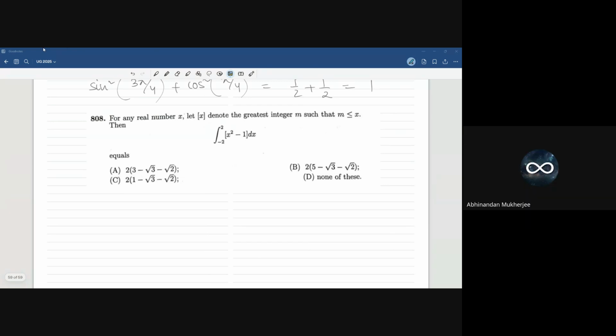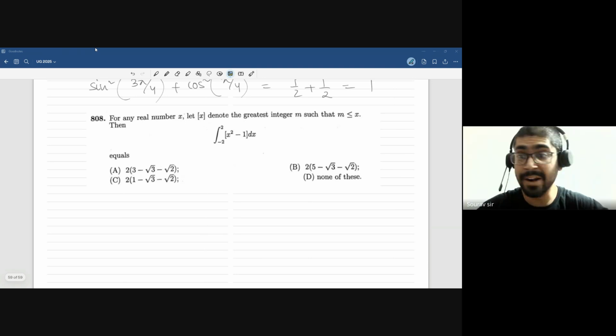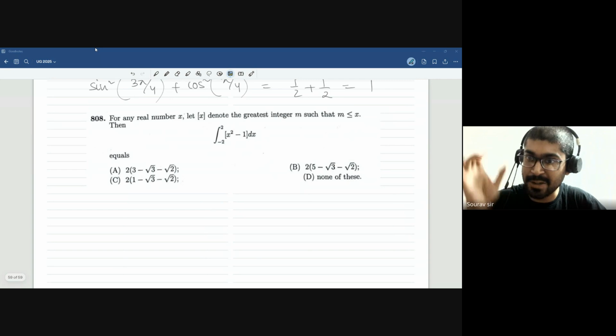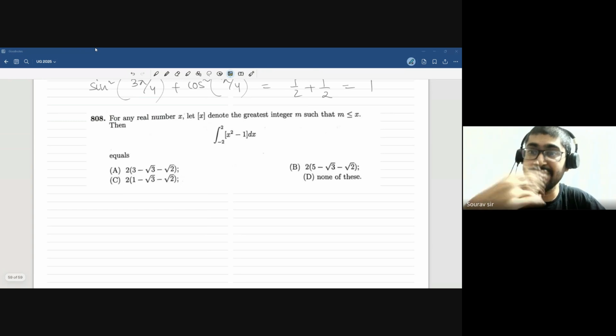So shouldn't we divide this into something like the fractional part and all? Fractional part is divided into GIF and normal values. If you get the fractional part of x, it is written as x minus box x. Yes, because box x plus the fractional part of x is x. So if you are given the fractional part of x, you write it as x minus box x, because working with box x is much easier than the fractional part of x.